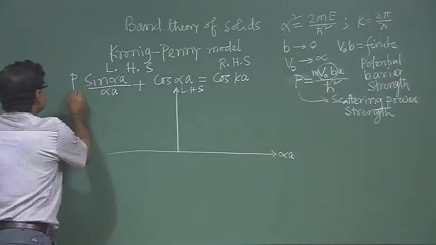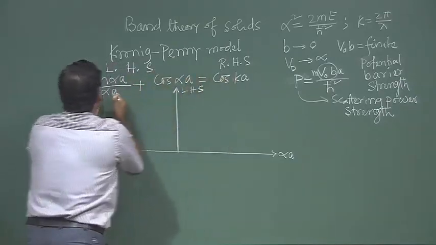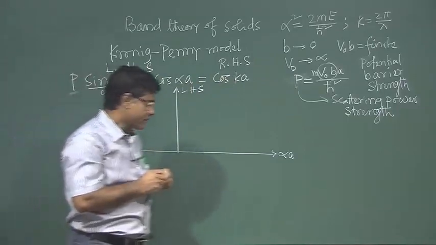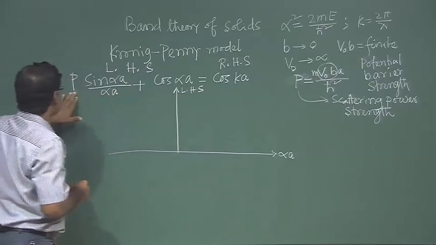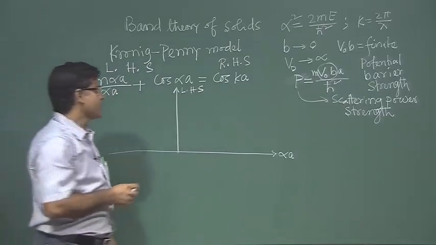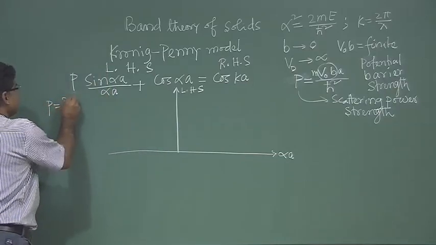Alpha a is an angle in radians, so P has to also be in radians. If we take some value of P, in the last class I took P equal to 3 pi by 2.